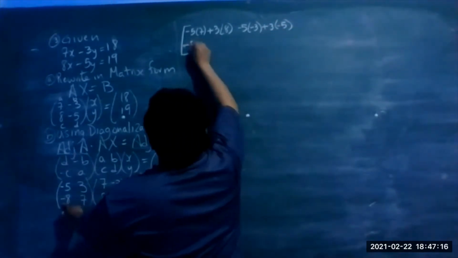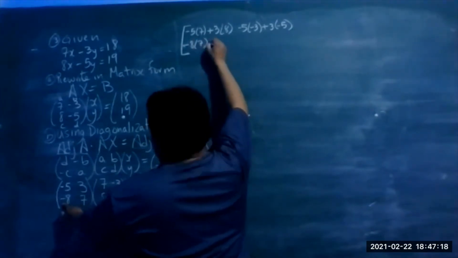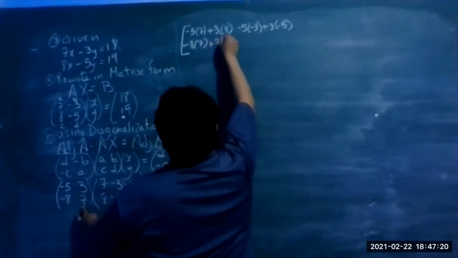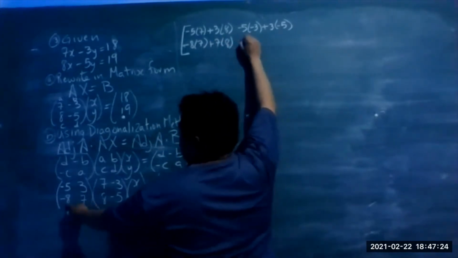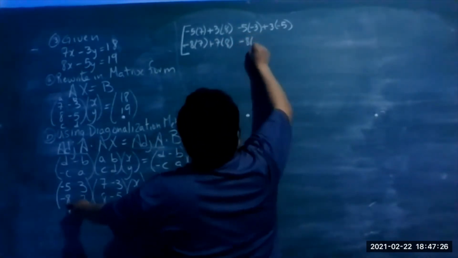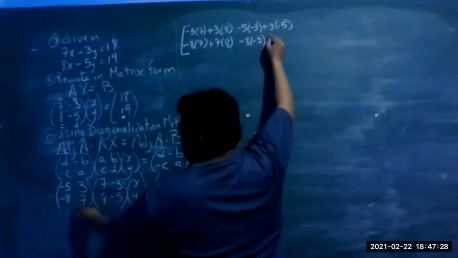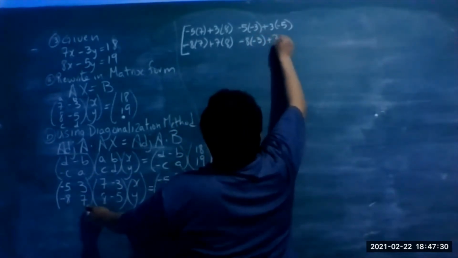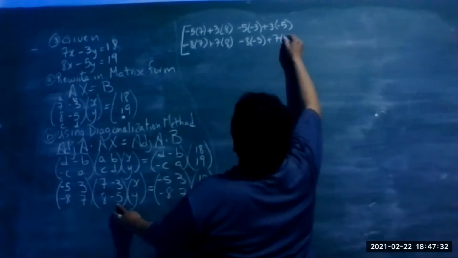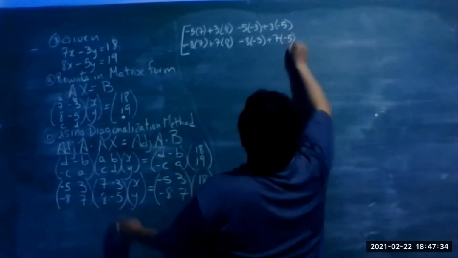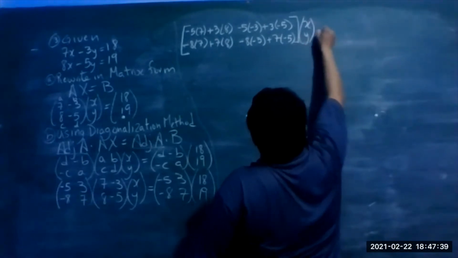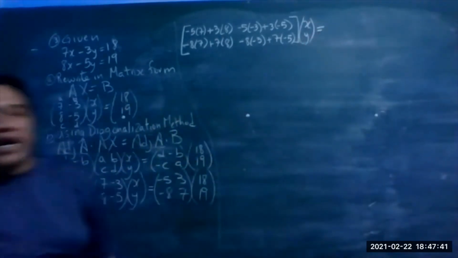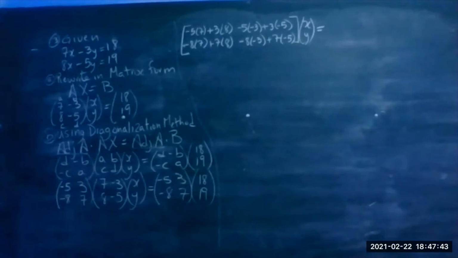Then -8 times 7 plus 7 times 8. Then -8 times -3 plus 7 times -5, times xy. Remember, we're only doing the left-hand side first.